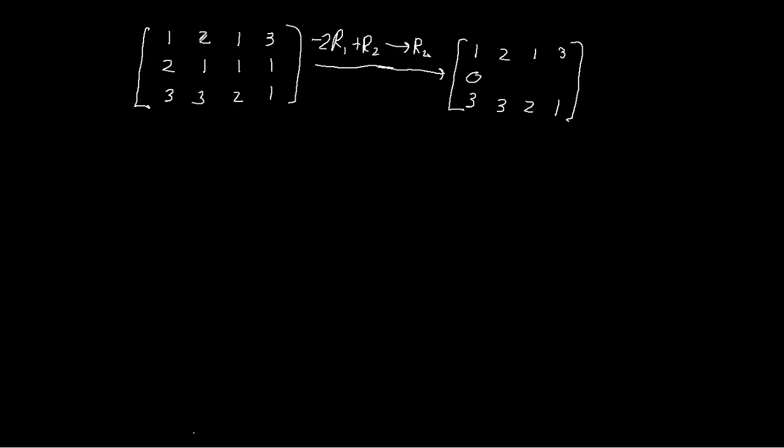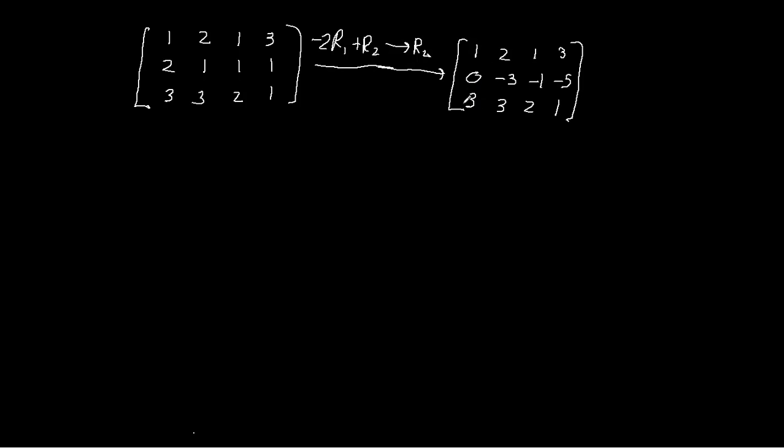Okay. 2 times -2 is -4 plus 1 is -3. Okay. 1 times -2 is -2 plus 1 is -1. And then 3 times -2 is -6 plus 1 is -5. Right, so hopefully you followed that process.